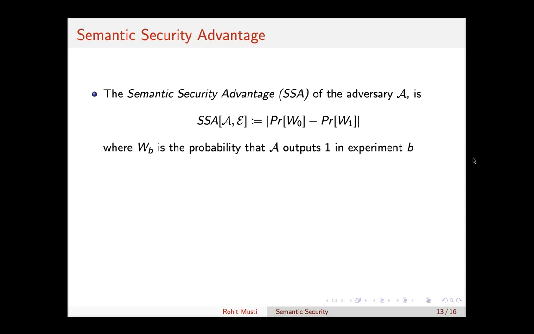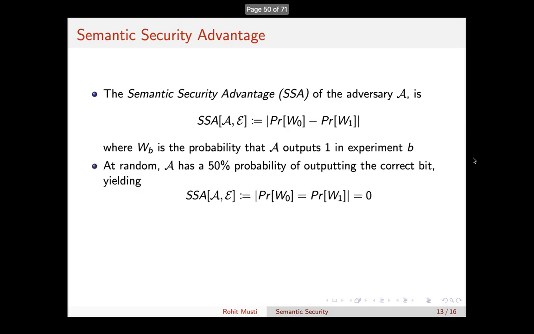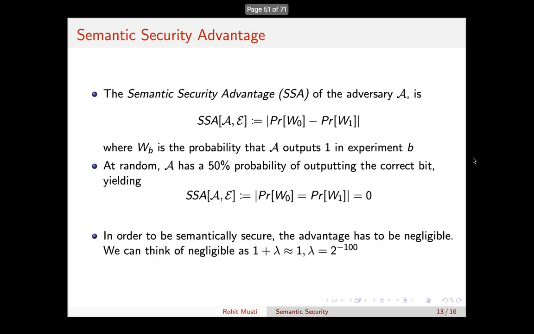Theoretically, if the adversary could break the encryption scheme, the W0 probability would be 0, and the W1 probability would be 1. However, if the adversary knew nothing about the security, then the probability would be uniform for both, and the difference would be 0. So at pure random, adversary A has a 50% chance of outputting the correct bit, giving them an advantage of 0.